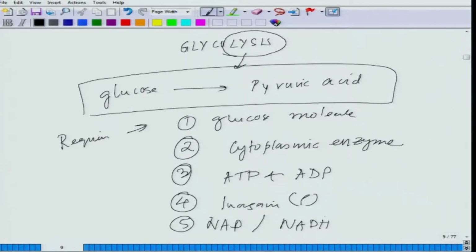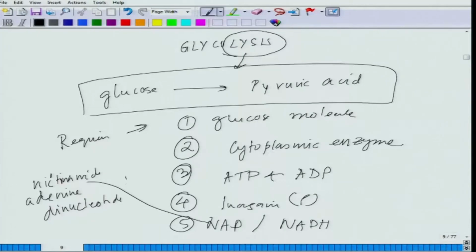NAD stands for nicotinamide adenine dinucleotide. So, these are the 5 major things needed for the glycolysis process.